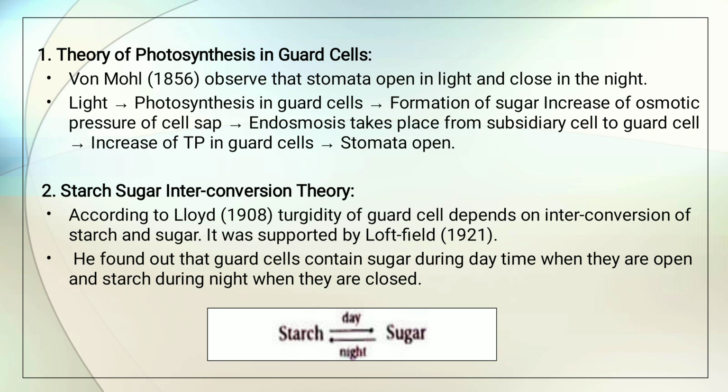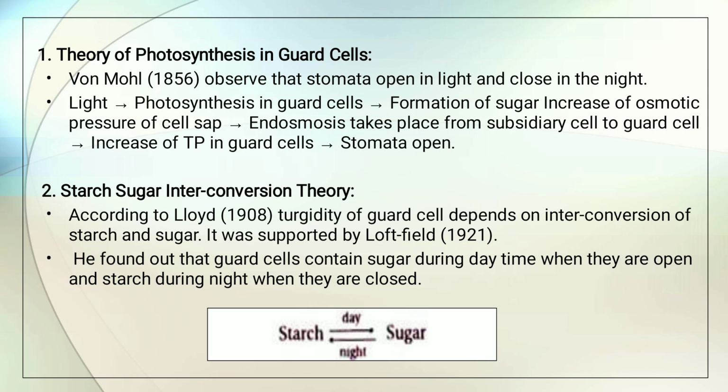He then proposed that in the presence of light, photosynthesis occurs in the guard cells and produces carbohydrates, due to which the osmotic pressure of the guard cells increases. The following sequence explains the mechanism of stomatal opening. The light gives photosynthesis by the guard cells. Then in the process of photosynthesis you get the formation of sugar.